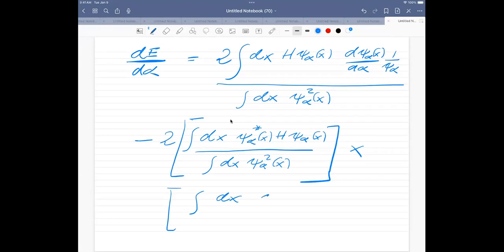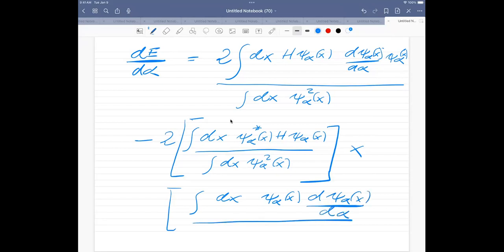And then I have psi of alpha of x times, no, sorry, I did something wrong here. So this should be times psi of alpha of x. So this is multiplied with d psi of alpha of x of d of alpha, and divided by the other denominator, because I have to square the denominator.